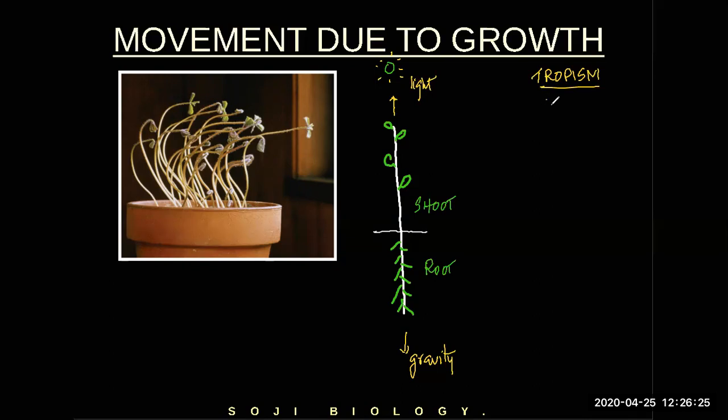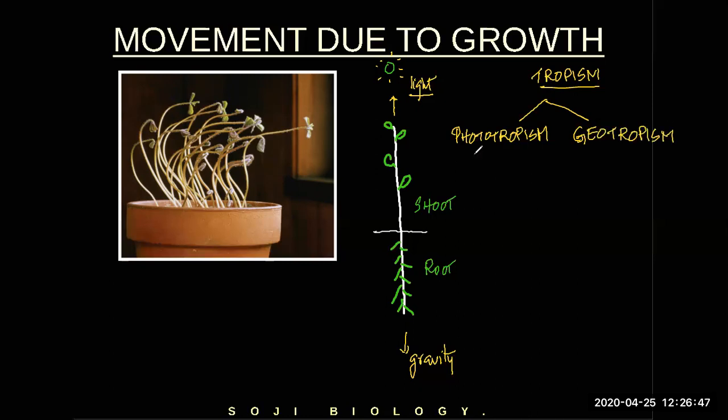That means it's a growth response. Growth response due to a stimulus like light and gravity. If it's due to light, you call it phototropism. Okay, and if it's due to gravity, this is called geotropism. Geotropism.